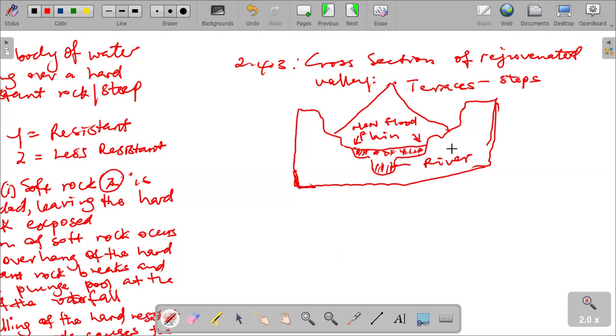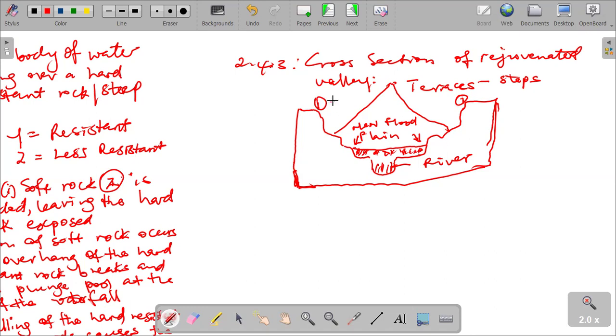So in other words, the stream has been flowing from there to there. But what happens is that it might be because there was a moment of low discharge and other reasons.